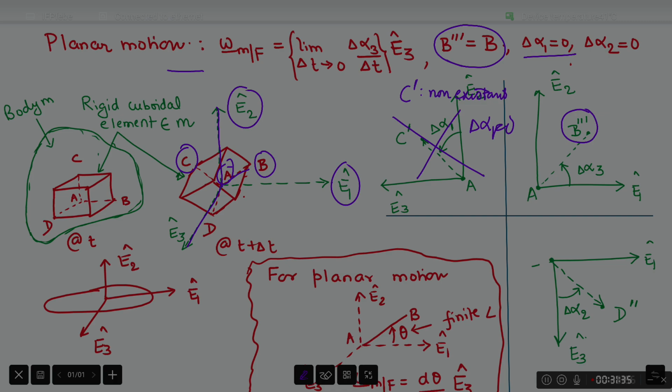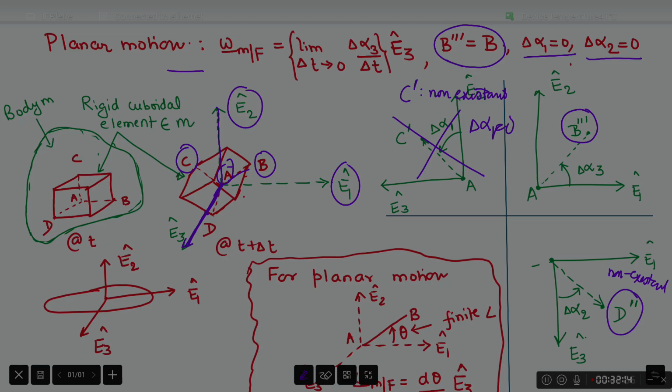Similarly, in the case of planar motion, the point D will always remain on the AE3 axis itself, the axis passing through A and parallel to E3. That axis will always retain D on itself, which in other words means D double prime will be non-existent, and which leads to the conclusion that delta alpha 2 will also remain 0 at all times.